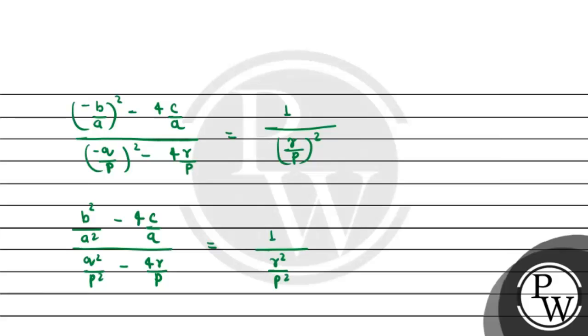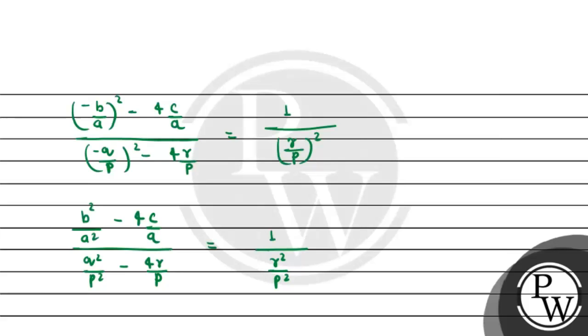After solving this equation, now we have to take LCM. Here also a square should come, so it will be multiplied by a square.